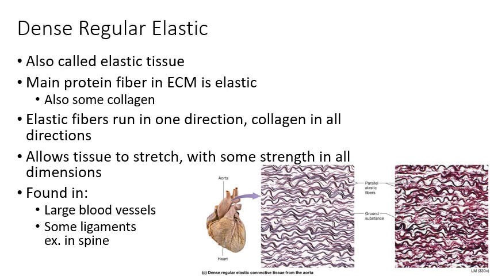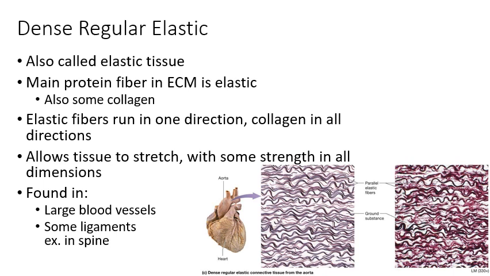So all of those squiggly lines you see, those are elastic fibers. The elastic fibers are running all in one direction. The collagen fibers that are there would be running in all directions. And the elastic fibers are going to allow that tissue to stretch and then bounce back to its original shape in just that one direction in which the elastic fibers are all running.